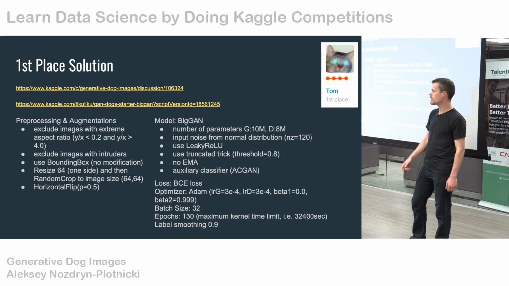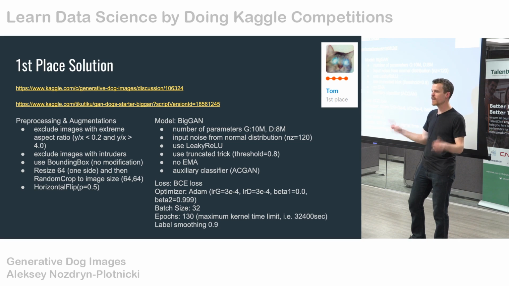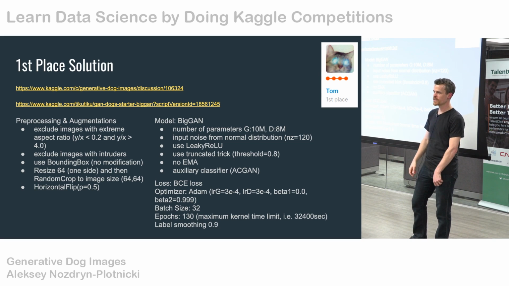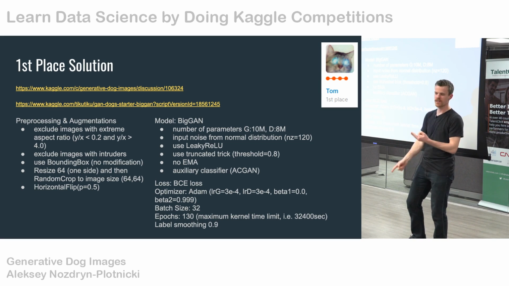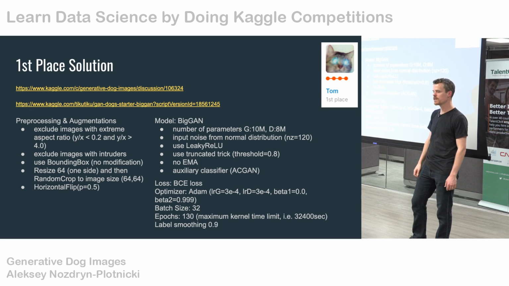So generally people avoid that. Now, this first place solution is not necessarily state of the art for generating dogs. This was using Kaggle kernels in 6 hours of time using the Stanford dogs data set. So there's a difference between the methods you might use. But I think it's very interesting that this was the first place and that they made that choice.